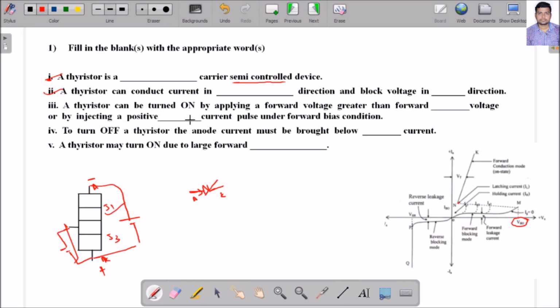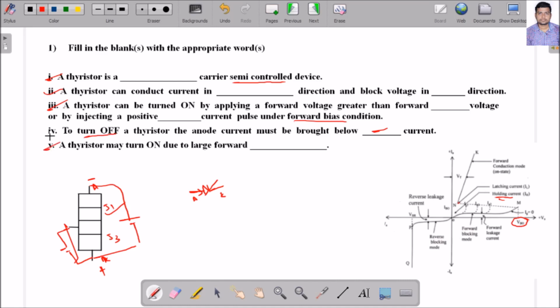So injecting a positive gate current pulse under forward bias condition. Clear? Next, to turn off a thyristor, the anode current must be brought below dash current. That current is known as holding current. So the answer is holding current. If I keep the anode current below holding current, then only the thyristor will turn off.